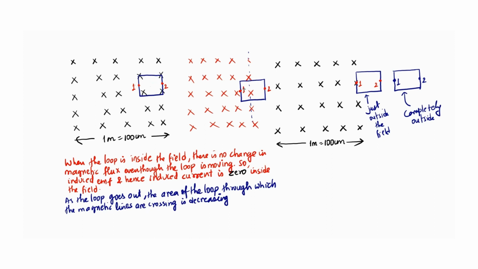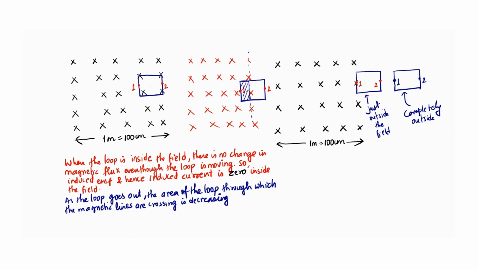So as the loop is pulled out, the area of the loop decreases. In this figure we find only this area, or only these magnetic field lines, crossing through it. As it is pulled further, the area through which magnetic flux is crossing decreases.